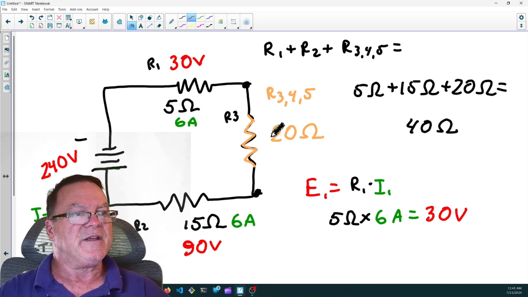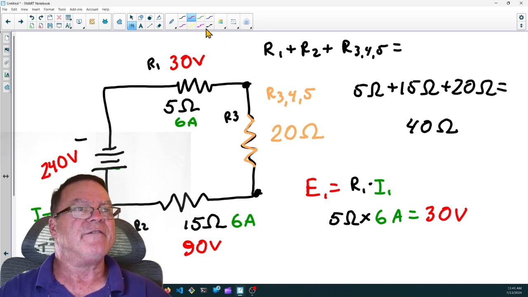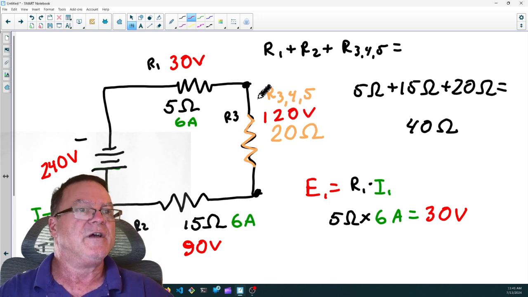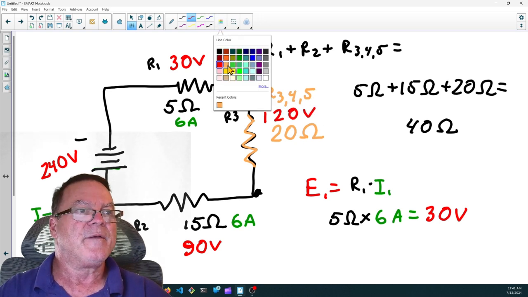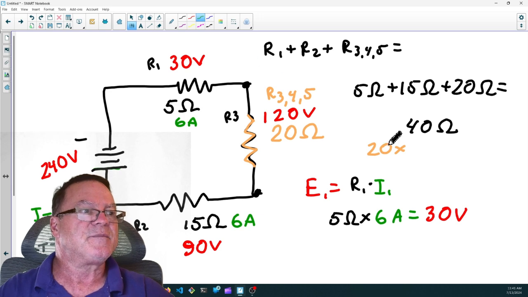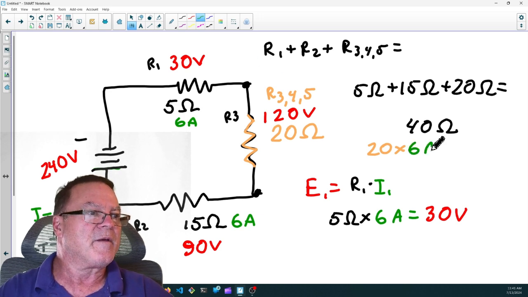And here is 20 ohms times 6 amps. So we have 120 volts dropped across R3, 4, 5. 120 volts. That's either 20 ohms times 6 amps equals 120 volts.